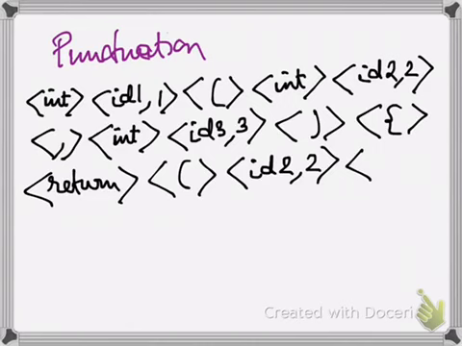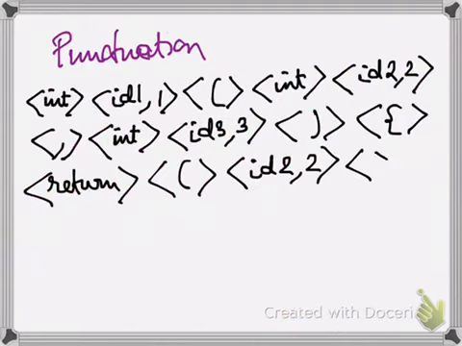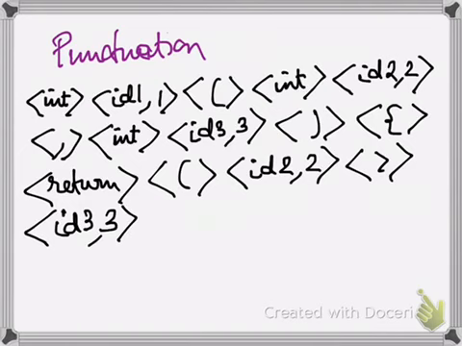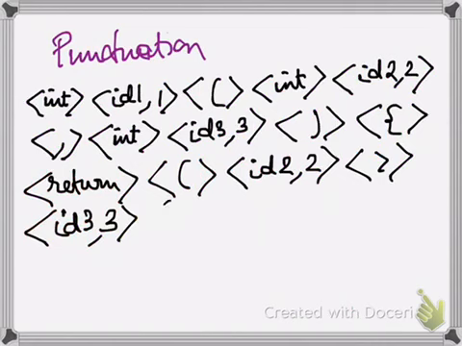Then A, then greater than, B. Greater than is an operator. Then B is ID 3. Then comes question mark, which we are considering as an operator.